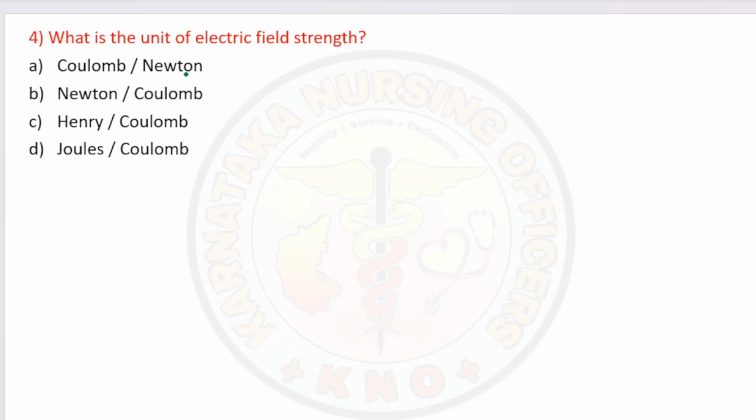What is the unit of electric field strength? If you know the formula of electric field strength, you can easily identify the unit. So electric field strength E is equal to what?